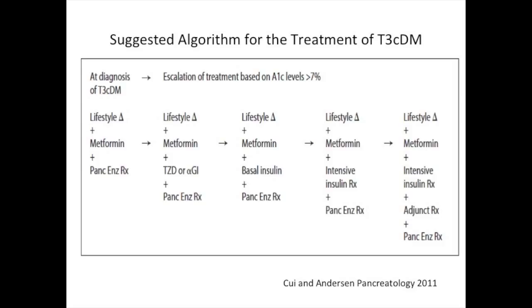If the patient's diabetes resists therapy, certainly basal insulin formulations can be added. If that's insufficient, intensive insulin therapy. If that's insufficient, then other adjunct agents can be added, like pramlintide and other agents.